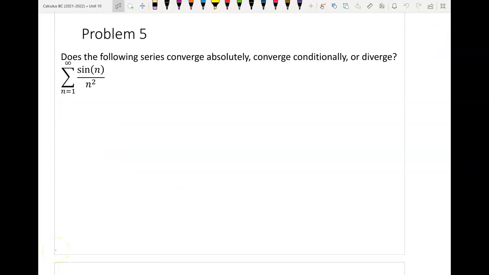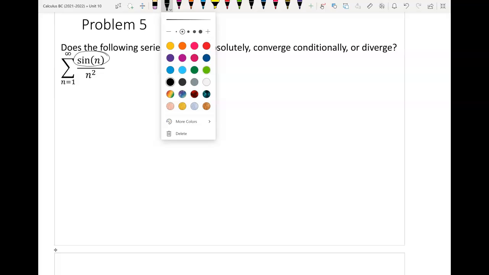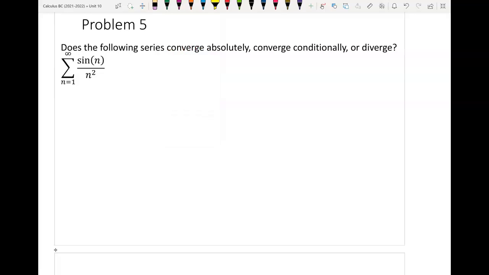All right, so I want to go ahead and do a couple more examples that I had in the lesson that we didn't get to. So first off, our problem number 5 here, does the following series converge absolutely, conditionally, or does it diverge? So this one is a little bit different because this is actually not an alternating series. However, the sine of n that we do have there does give us quite a number of positive and negative terms.